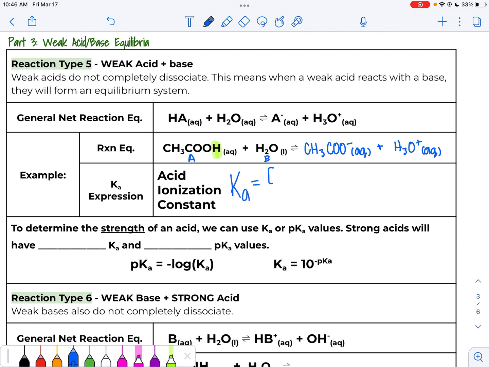Ka is equal to the concentration of our products, A minus, H3O+, over the concentration of our reactants, HA.